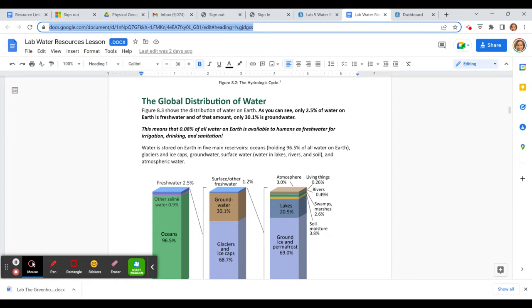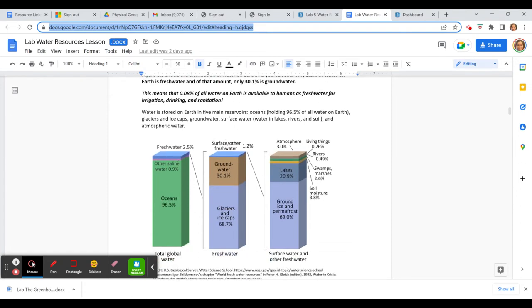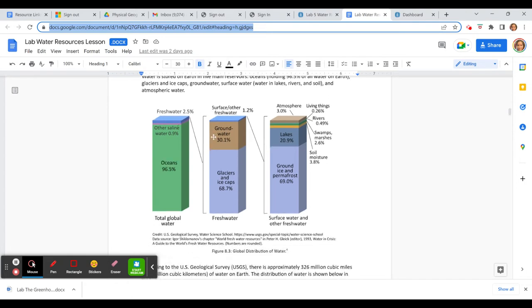Water is stored on Earth in 5 main reservoirs: oceans, glaciers and ice caps, groundwater, surface water, which includes waters in lakes, rivers, and soil, and atmospheric water, water that's in the air.